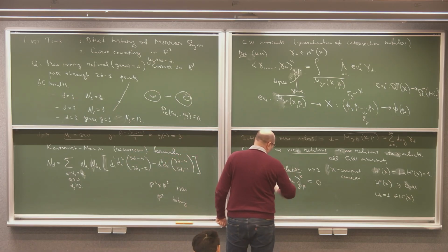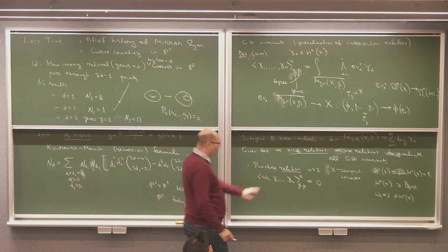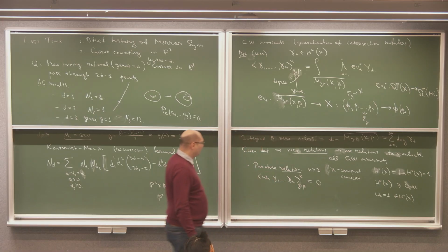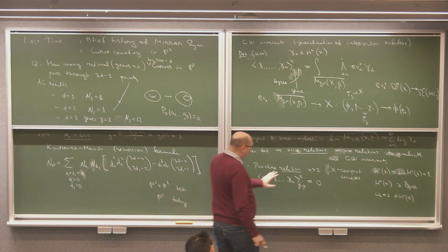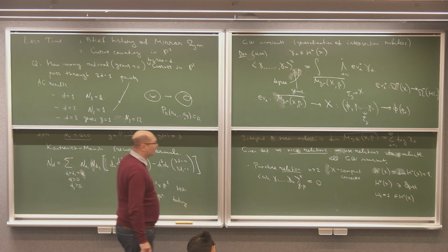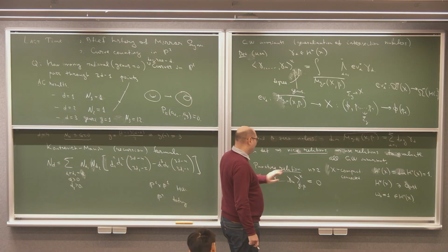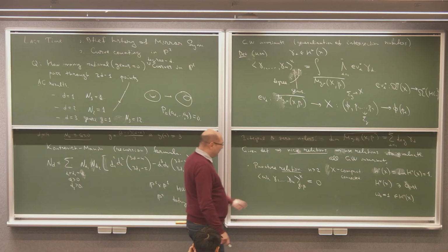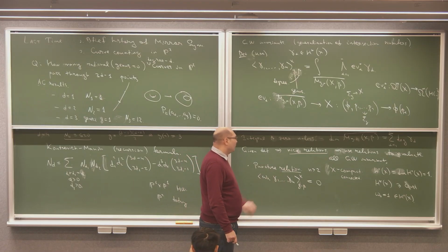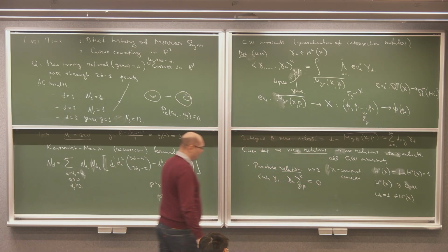So the word relation refers to a more general setting of Gromov-Witten invariants, like descendant Gromov-Witten invariants, which I don't want to introduce right now, and if we have time, towards the end of the course, we will talk about them. In the descendant case, this formula is really a relation, with some non-vanishing right hand side.